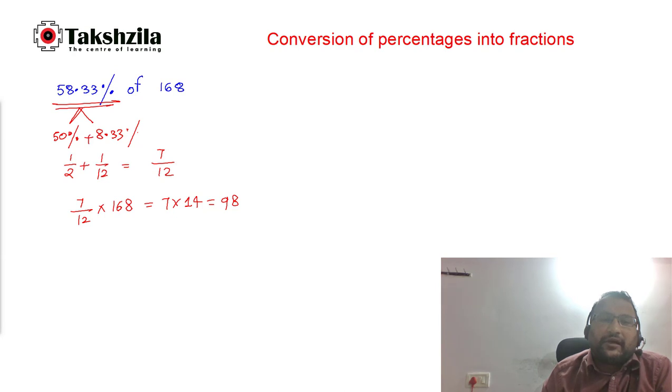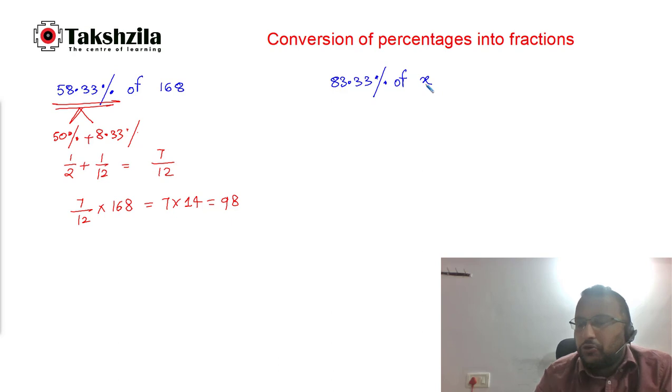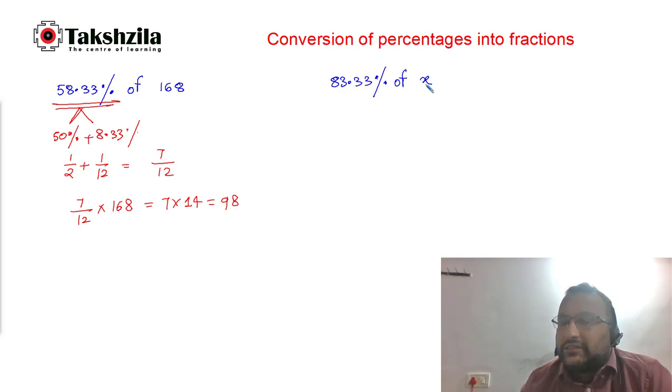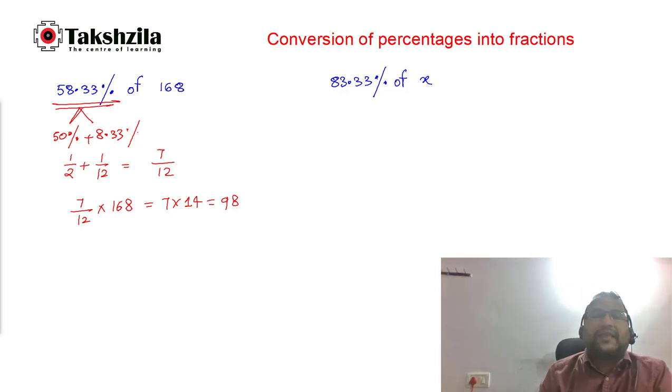Now, let's take another example. Now, if I say I want to find 83.33% of, let's say, x. So by which fraction shall we multiply x? So now there are multiple ways. Whatever comes to your mind first, you can go ahead with that.